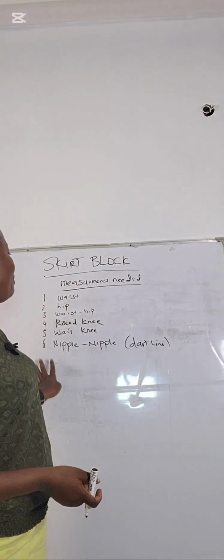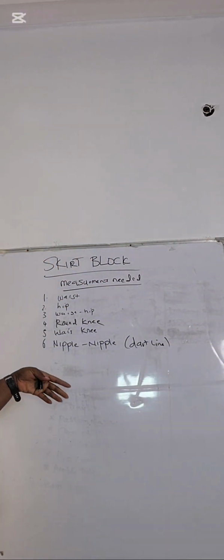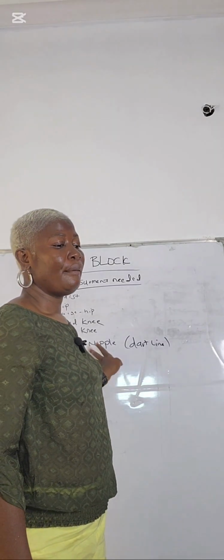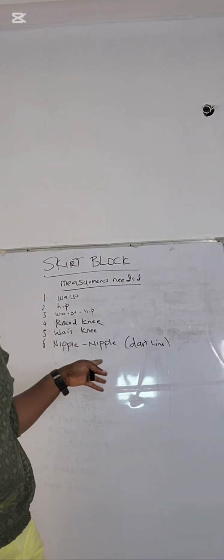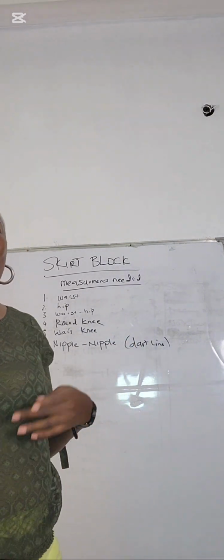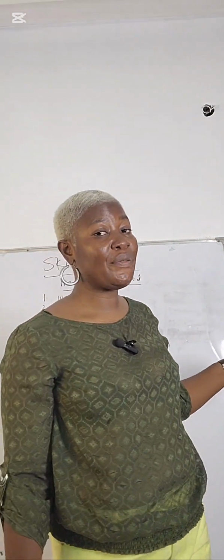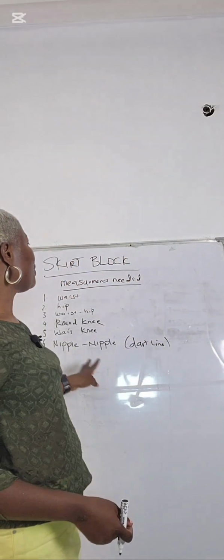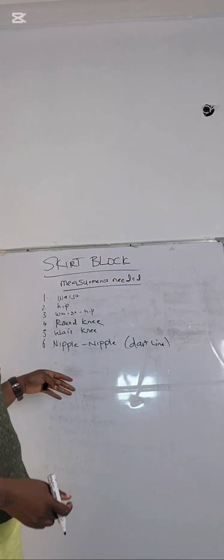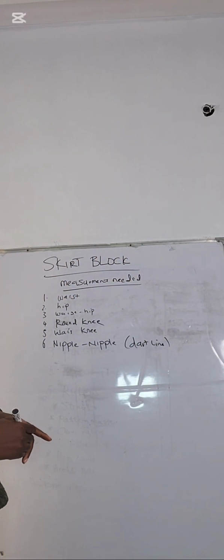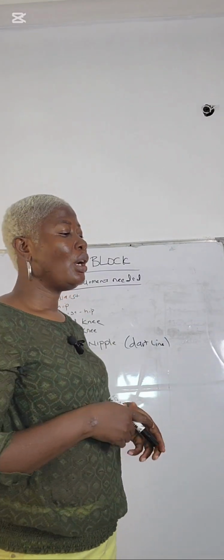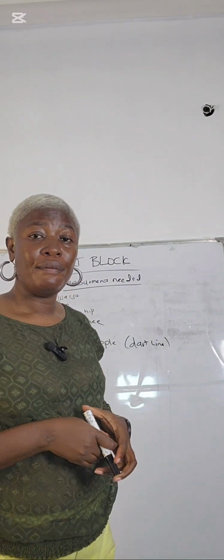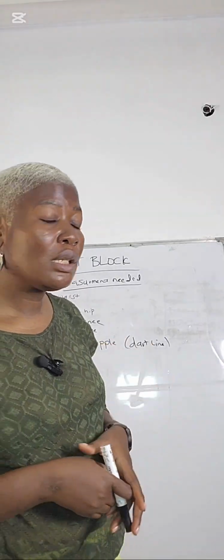So these are the measurements needed for making our skirt block. Remember, I said skirt block. I didn't say peg skirt. This is for just skirt block. So don't forget to watch the measurement taking video for skirt making.